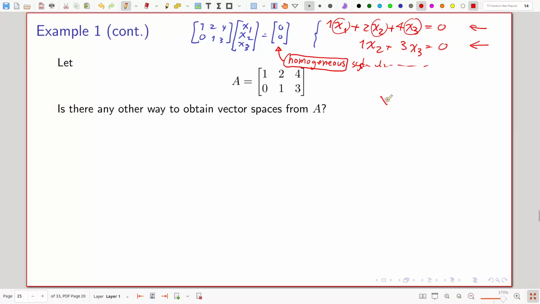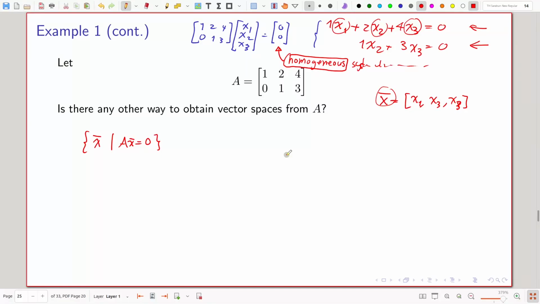So we have vector x that is an assignment of 3 variables. We can think of the set of all possible solutions as this set: the set of vectors x such that Ax equals 0. So this is the set of all possible solutions of this linear system.